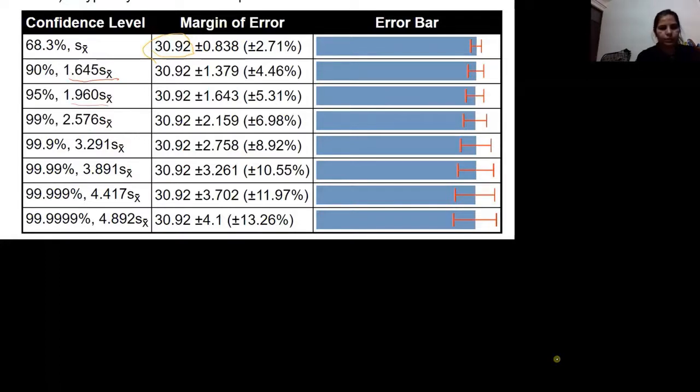We also know the standard error expression is the standard deviation of a sample divided by the root of n, and using this expression we can calculate the standard error. For calculating confidence limits, we have this equation: standard error multiplied by z-score.